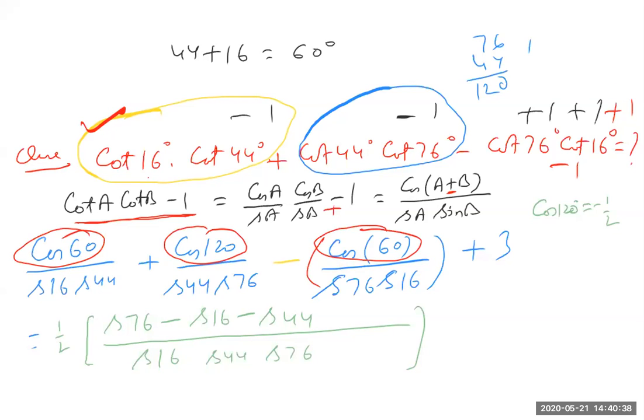Cos 60 is half. So what is left now? LCM: 16, 44 is there, 16 is there, 44 is there. What is left? Sin 76. Understood? Yes. And this will be minus half, so the minus sign is here. Sin 16 will be here, and 44, 76 will be left in the last part.